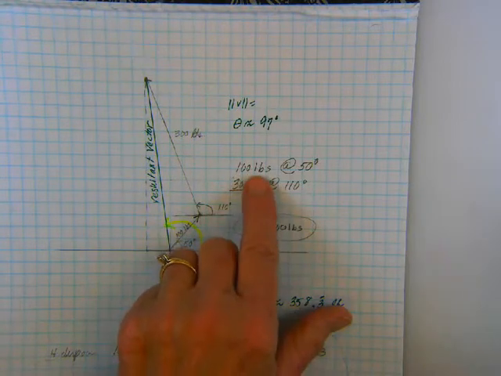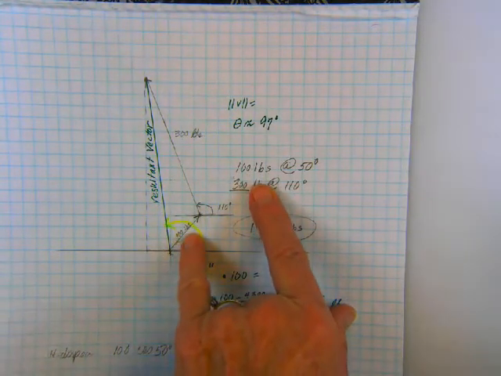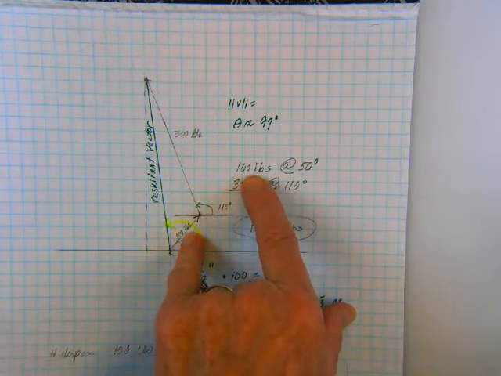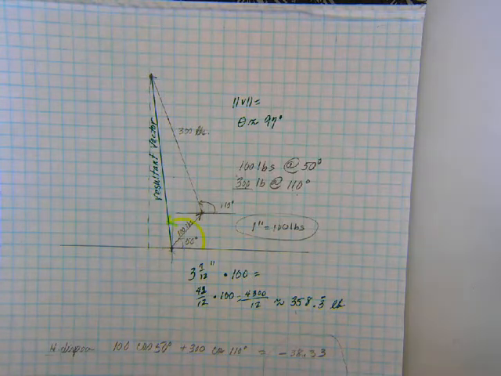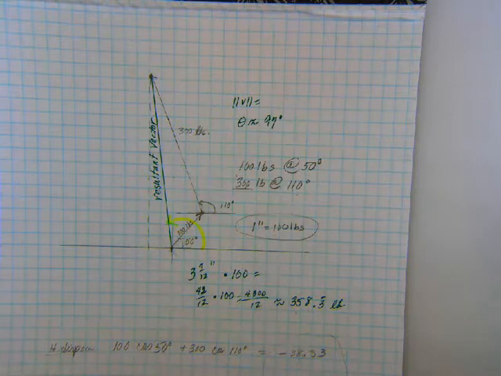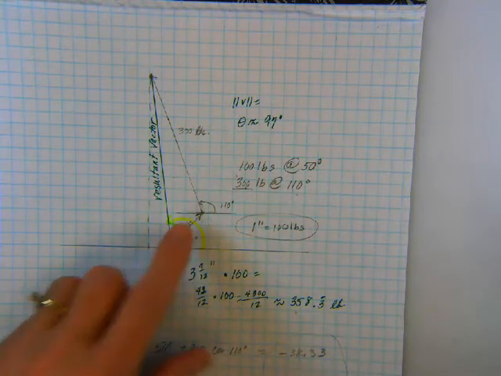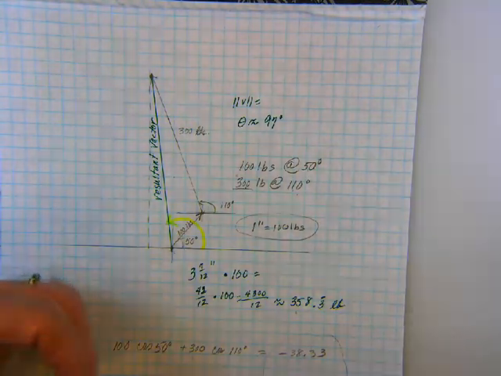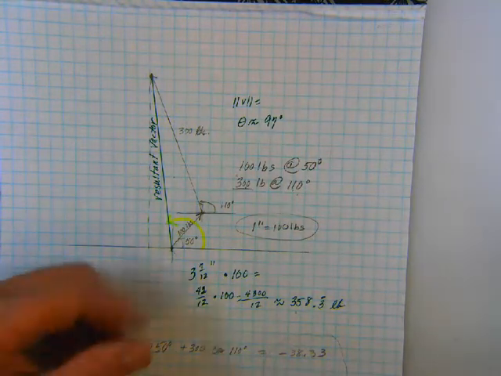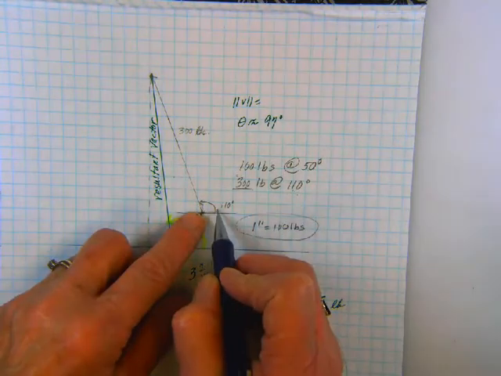That force vector is represented right here by this. Then I was also applying this force. So what you do is you are basically adding the two force vectors. And you remember when we were adding them before, we just piggybacked one on the end of the other. That's basically what we're going to do here. You go to the end of this vector and put your north, south, east, west crosshairs again, like compass crosshairs, and figure an angle of 110 degrees.